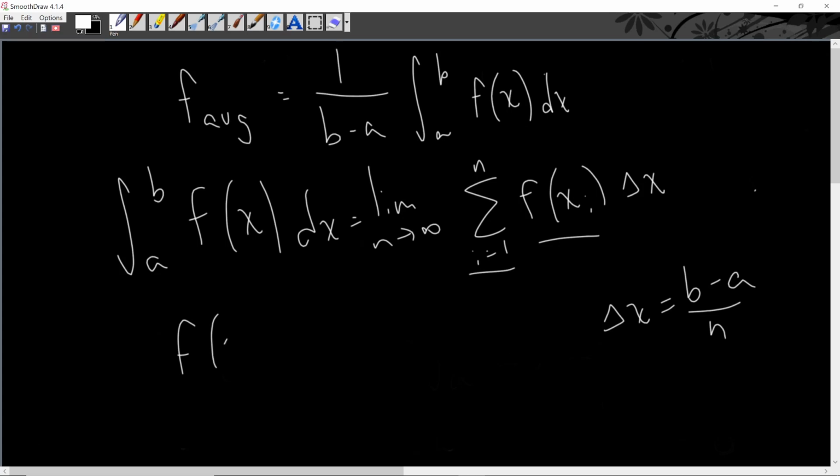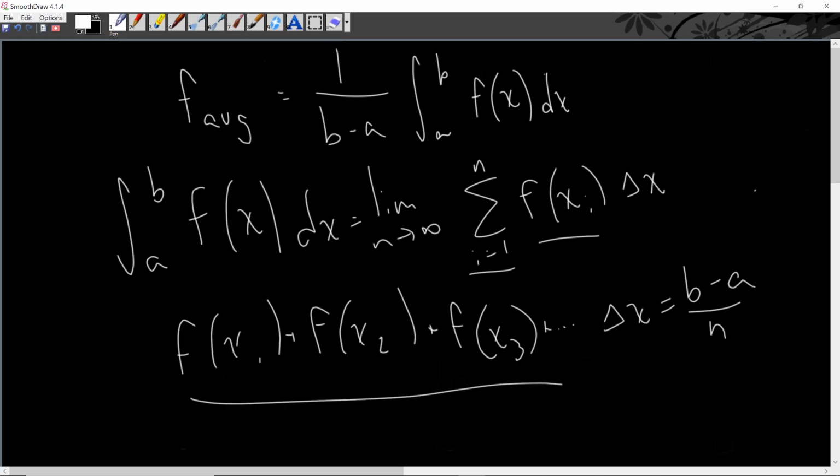We're going to have f of x1 plus f of x2 plus f of x3, and on, all divided by the number of subintervals. If we're trying to find the average y value or f of x value, we're going to have to add up every f of x value that we have and then divide by the number of values, which in this case is n.